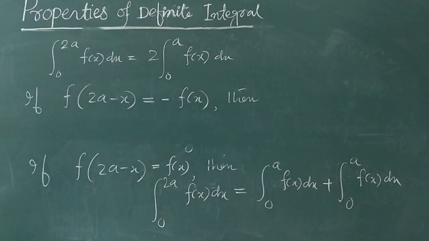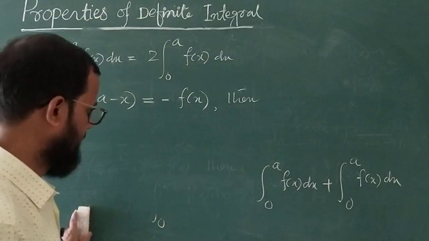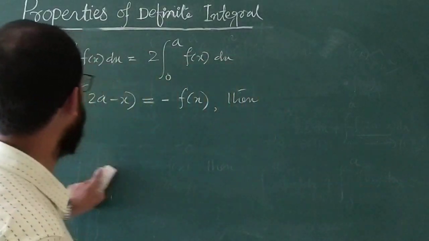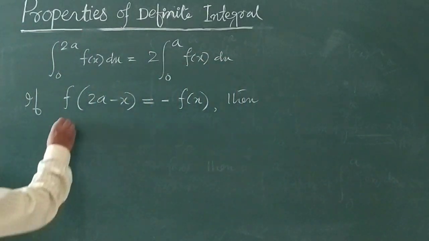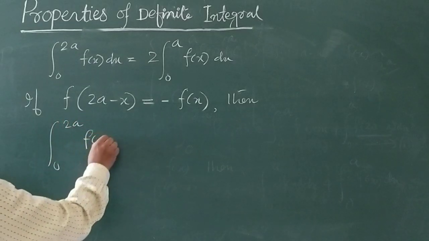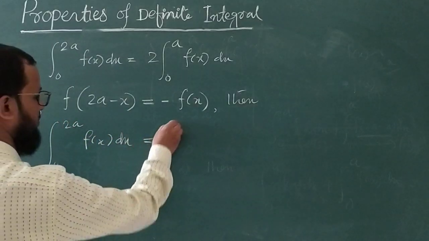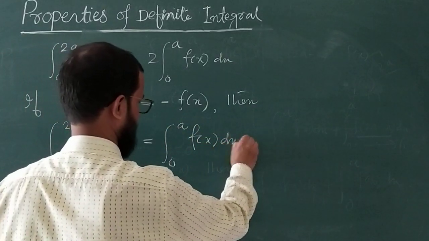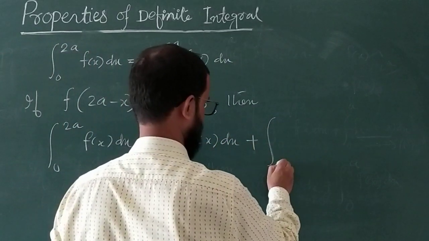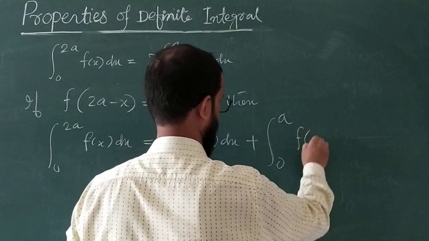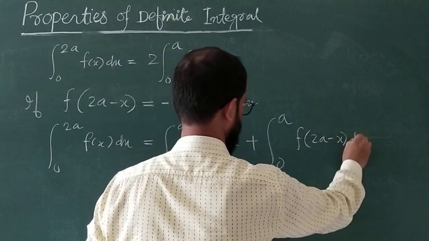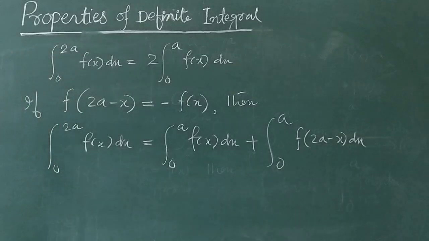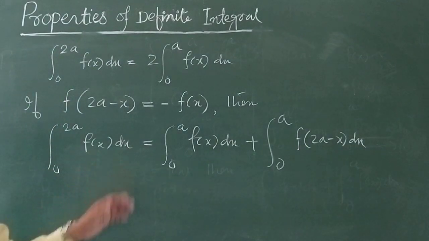Your integral 0 to twice a fx dx is equal to integration 0 to a fx dx plus integration 0 to a f of twice a minus x dx. This was your integral. Okay, after using the property you get this integral.